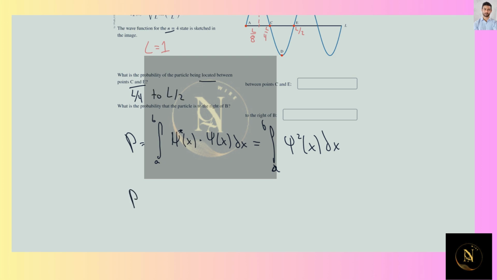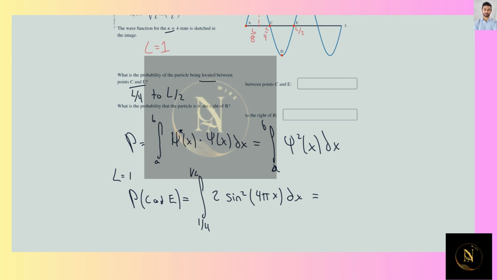So the probability in the first case, between C and E, is equal to the integration, taking L equal to 1 for simplicity as I mentioned, from 1 over 4 to 1 over 2 of my wave function squared, which is 2 times sine squared of 4 pi x, dx.